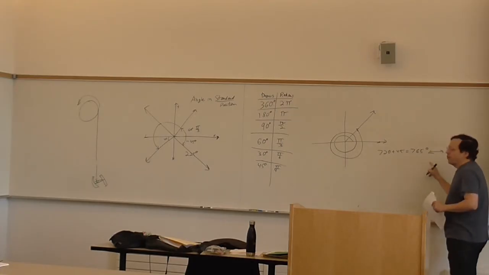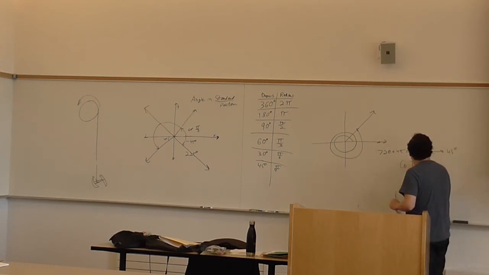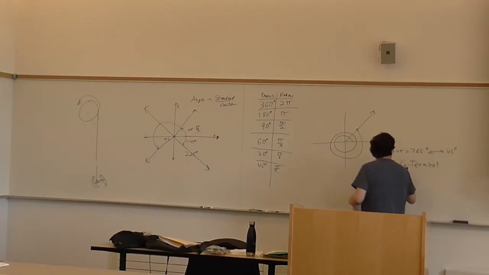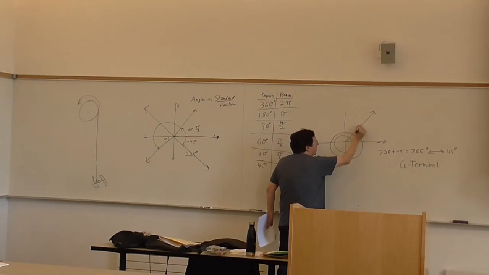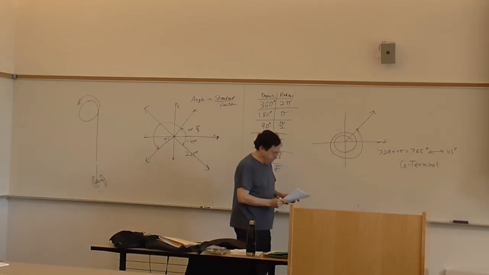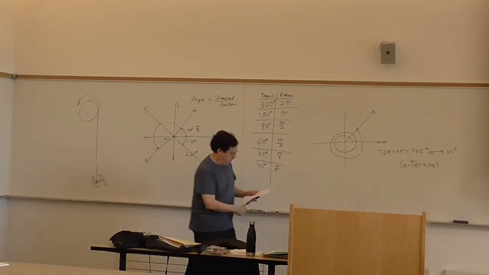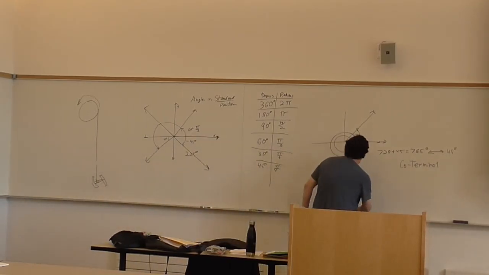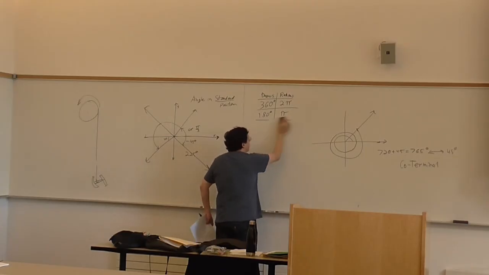We would say that these are coterminal. Co meaning the same here, meaning they terminate at the same ray. For some purposes, we're going to say those angles are equal.